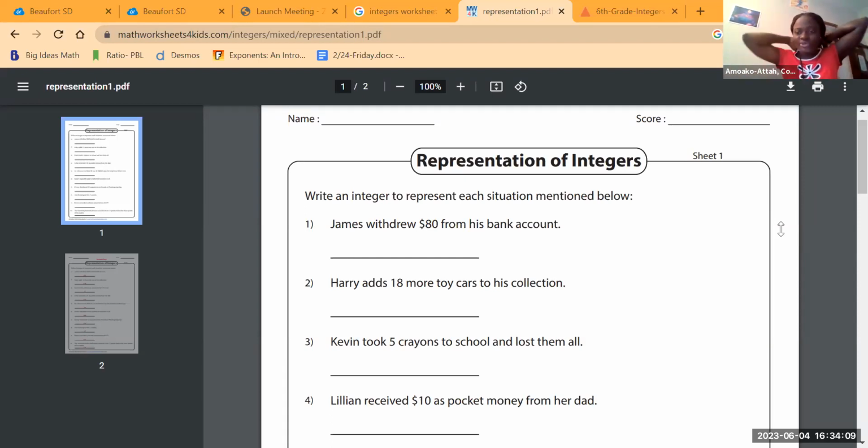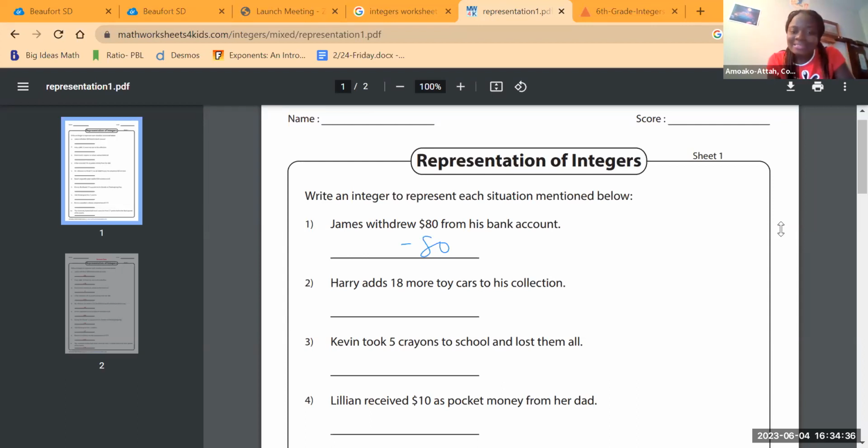When you say withdrew, it means there has been a loss, a minus, a deduction. So this will be a negative 80, right? Withdrew means no matter how much money you may have, there will be a reduction in the amount.